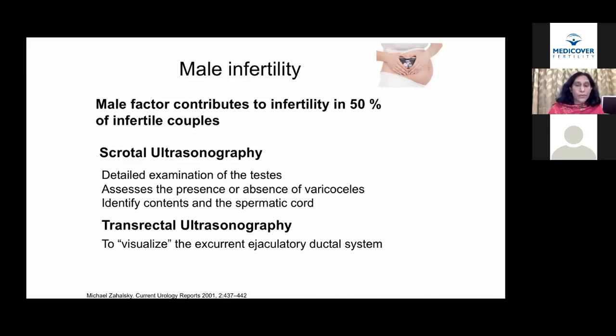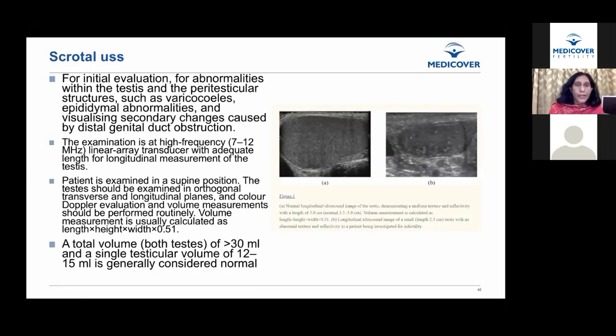Transrectal ultrasonography can visualize the ejaculatory ductal system. So you can see here this is an ultrasound image and the testis can be evaluated, along with the peritesticular structures such as varicocele, epididymal abnormalities, and the secondary changes associated with them.